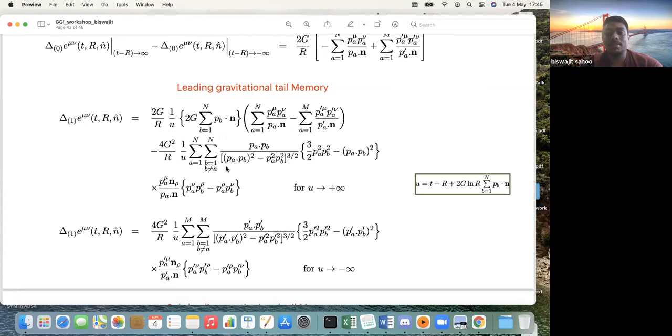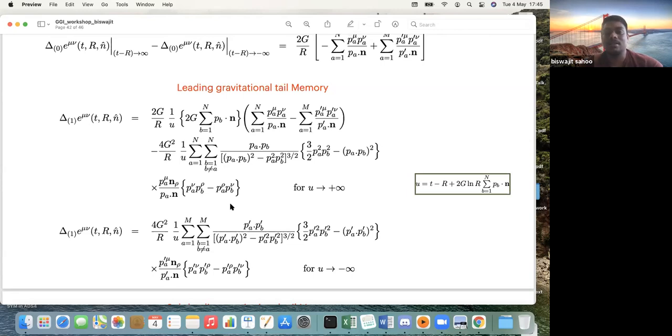But due to the long range interaction between the finite energy objects which you are scattering, there is this extra tail part. And what happens if we take the finite energy particle sum, if we consider one of the particles is massive and all the rest are massless, which is true for the black hole merger problem, is that there turns out to be a cancellation between this first term and the last two terms, and it vanishes. So this is just an observation.